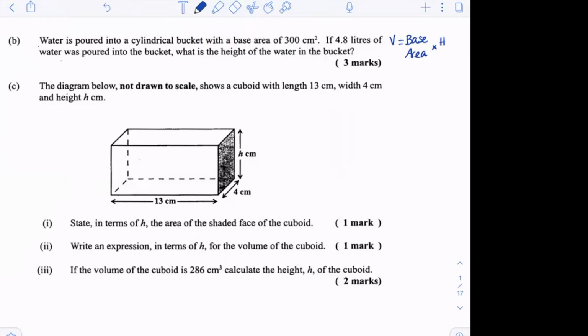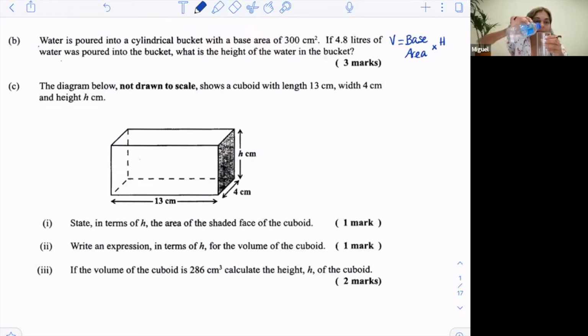So if I were to take my bottle and this bottle contains 4.8 liters, the question they are asking you is what is the height of the water in the bucket? So imagine you're pouring the liters in the cylindrical bucket. They are asking you to find the height. So sometimes it helps with a diagram.